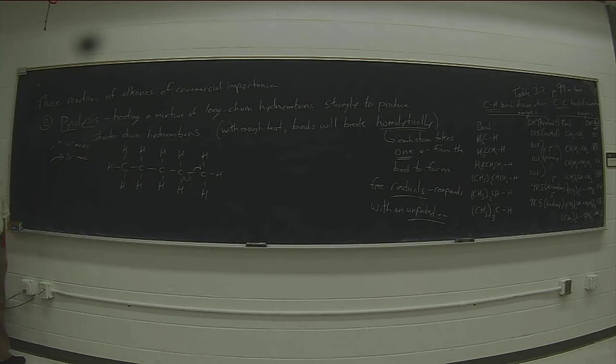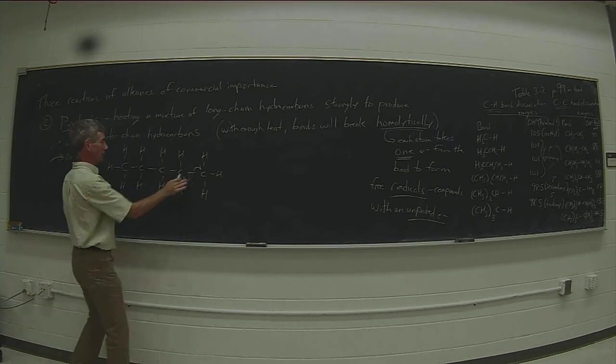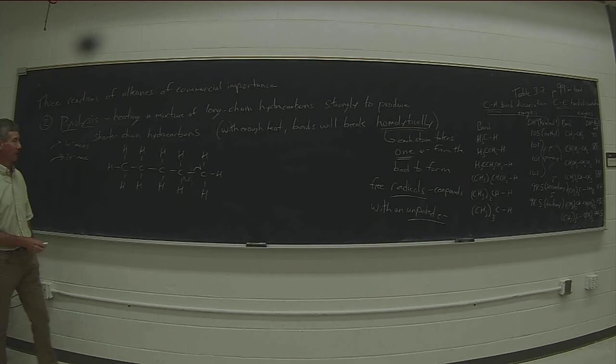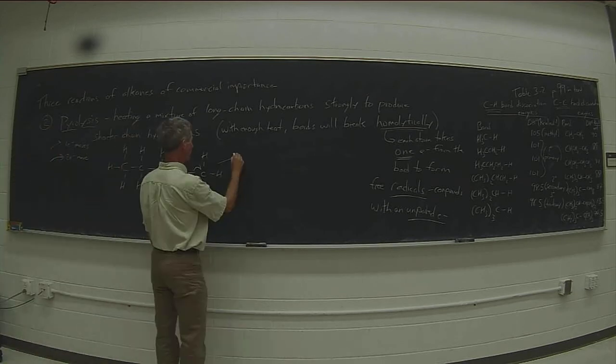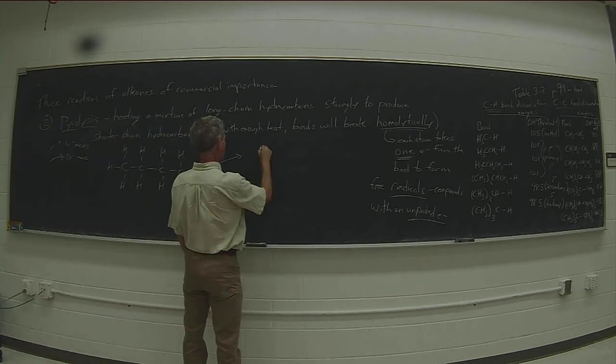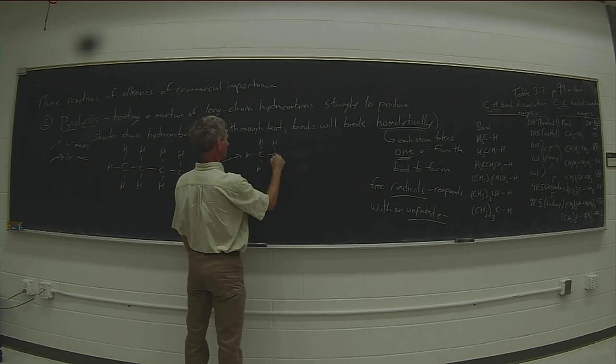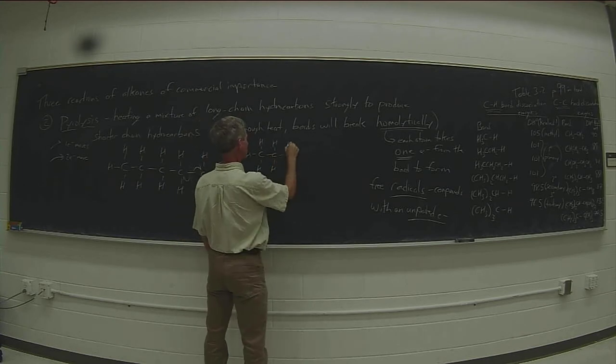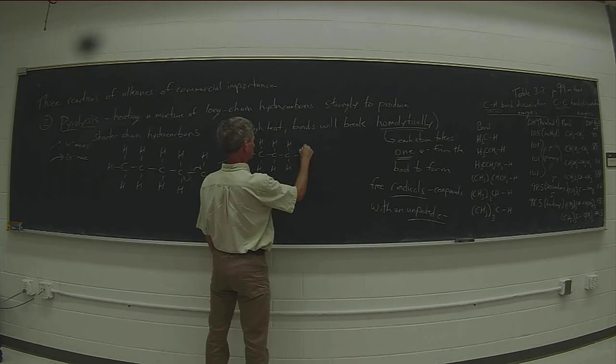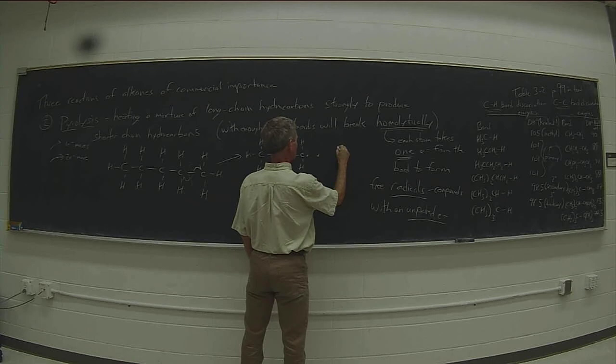We're working here with homolytic bond cleavage, so we're working with fish hooks where a single electron goes to each target. If we break that bond, we would generate a 4-carbon primary radical and a single carbon methyl radical.